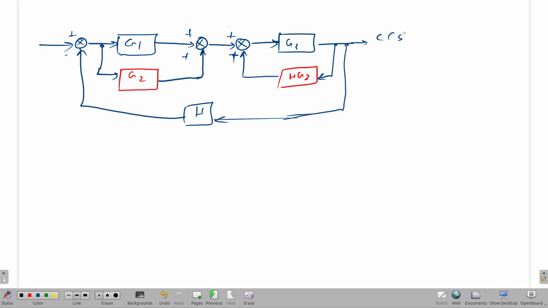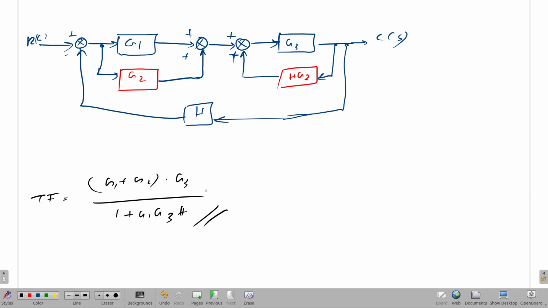We have our C of S, we have our R of S. Now it is a very simple problem actually, nothing much complicated, and the final transfer function is (G1 plus G2) into G3 over 1 plus G1 G3 H. So try this and see how you arrive at this particular solution.